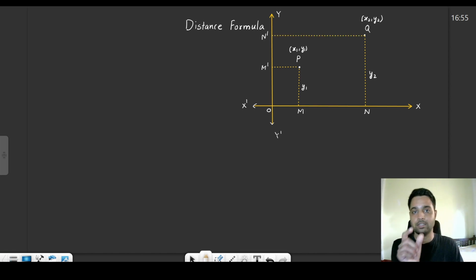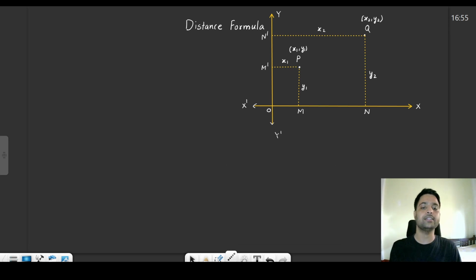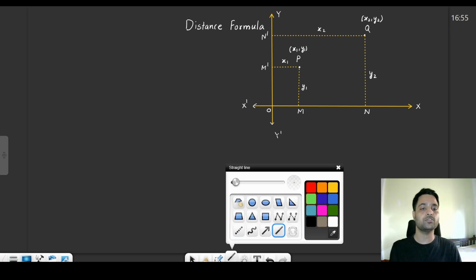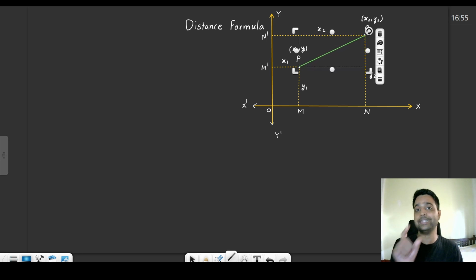So PM dash is nothing but x1, and QN dash is nothing but x2. You have already studied this. Our purpose here is to find the distance between P and Q, this distance PQ, which I have marked with green.